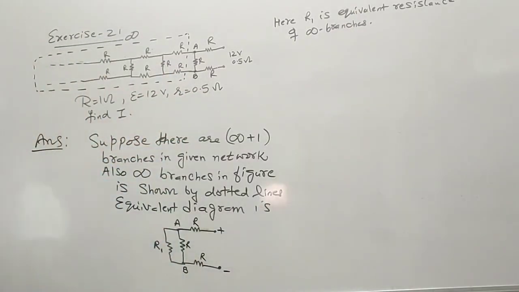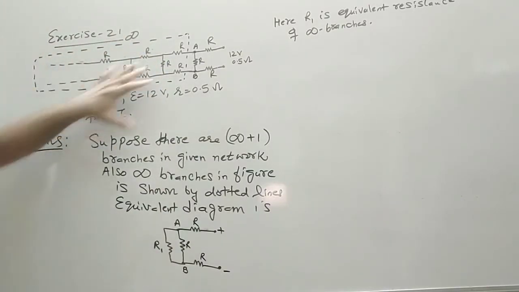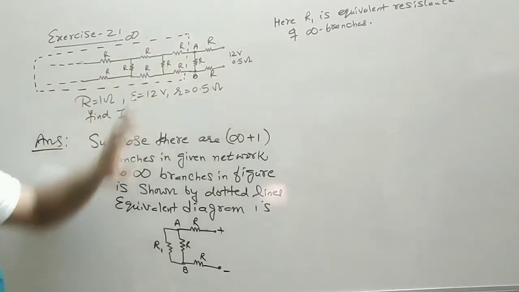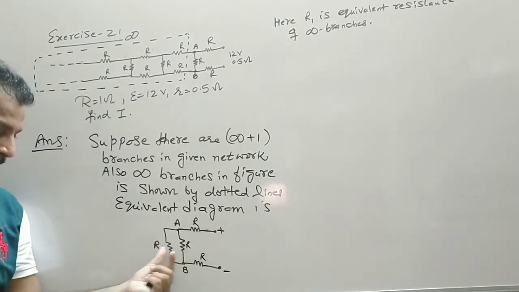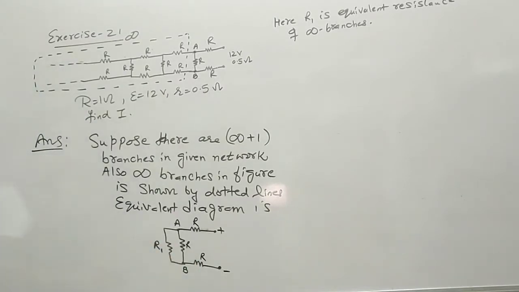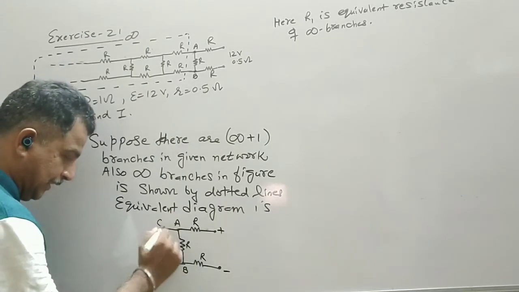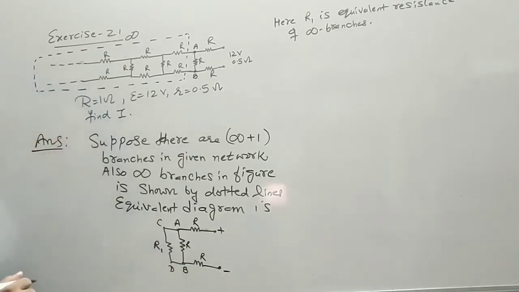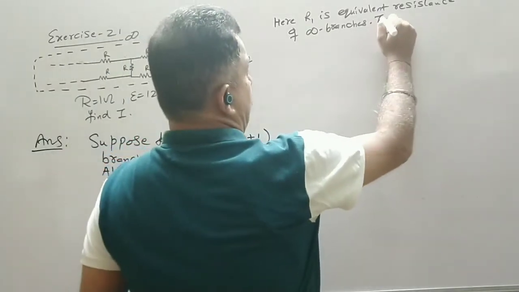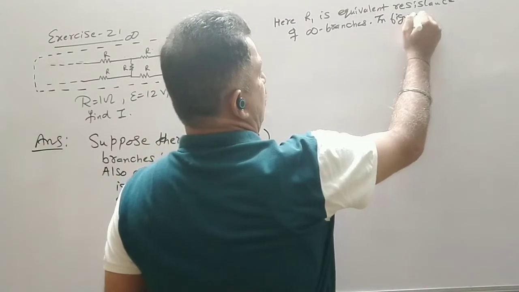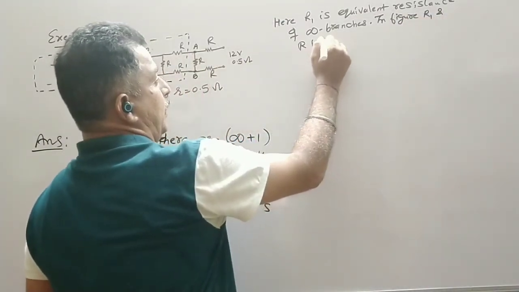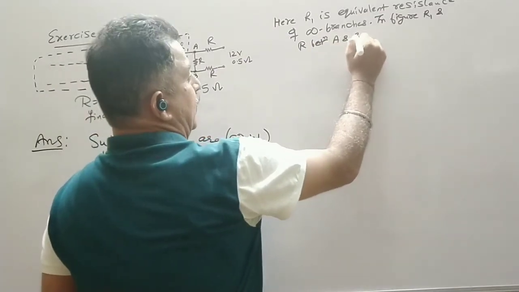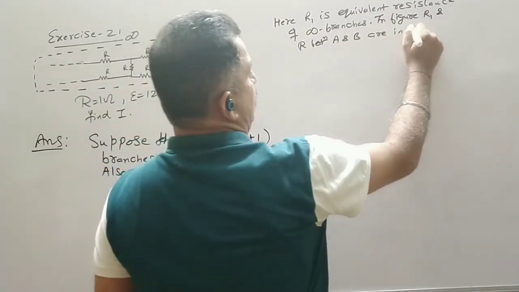Because we don't know where this branch will end, we have taken the equivalent, leaving one branch, to be R1. Now it is easy to solve this. This R1 and R are in parallel combination. So if I take these points C and D, AB and CD are parallel. So in the figure, R1 and R between A and B are in parallel combination.